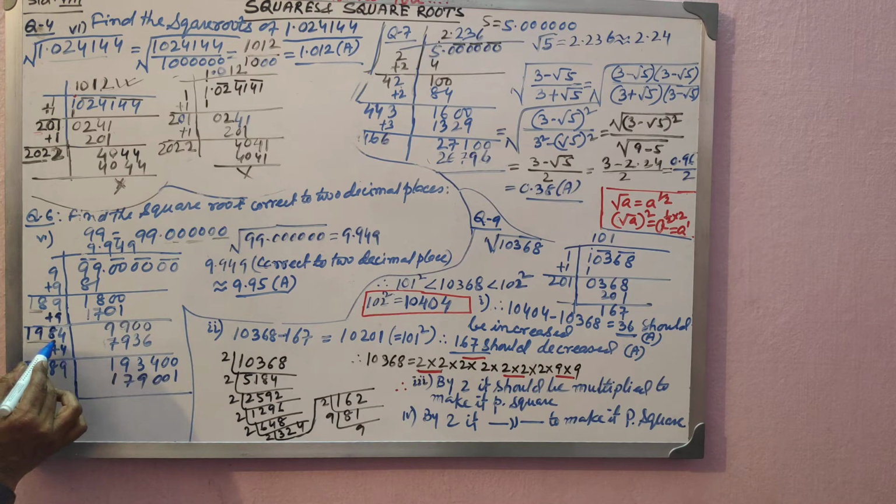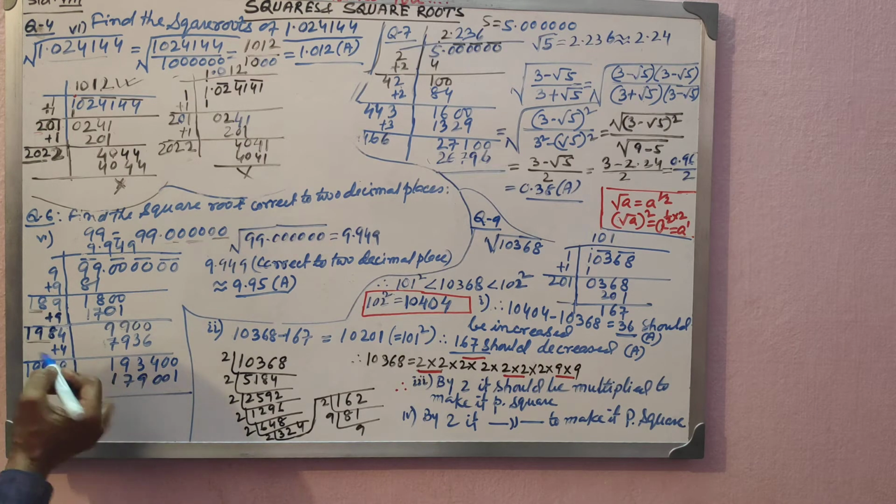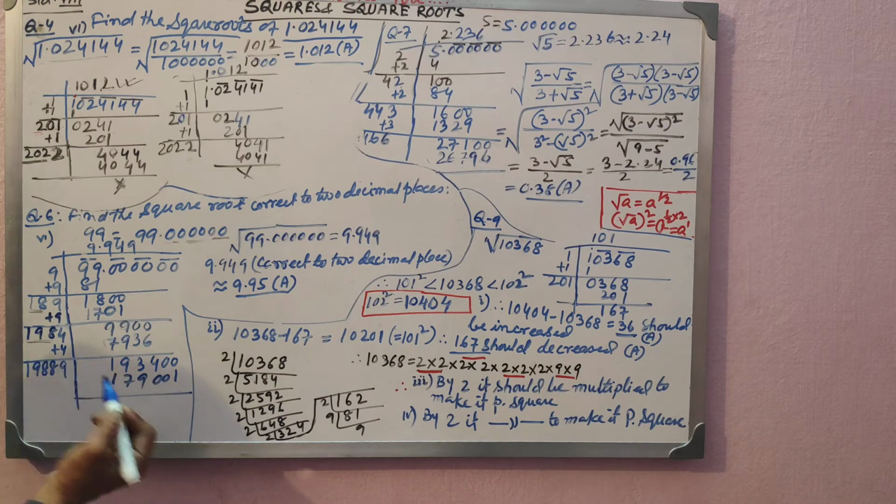See, if you exceed 4, then it won't go. 5 8s are 40, plus 95, it will be exceeding 99. Therefore you can't do it with 5. So the next lesser number is 4.